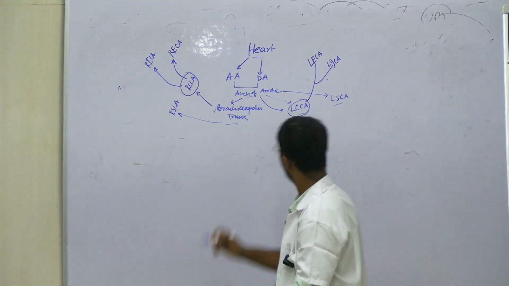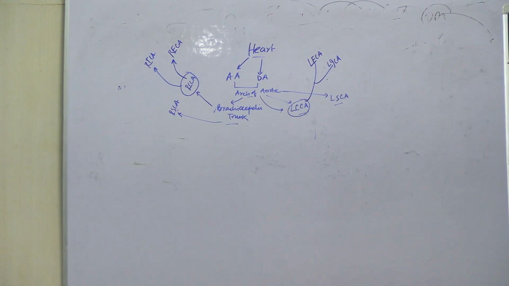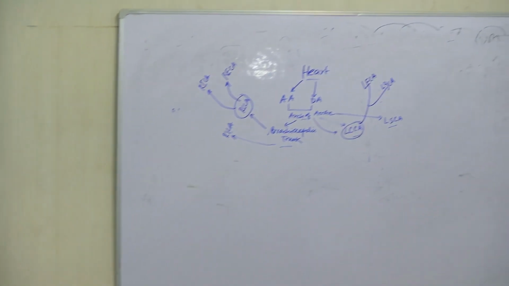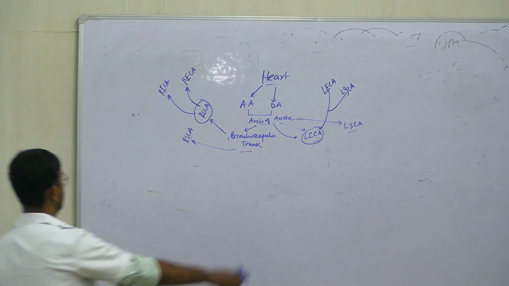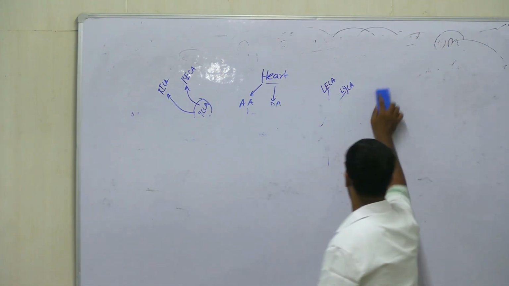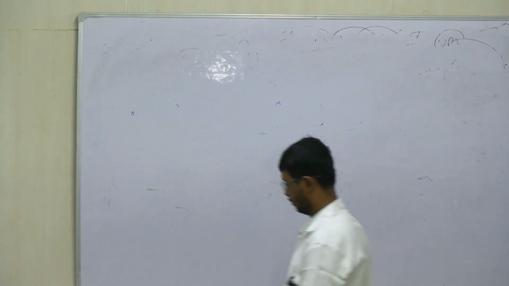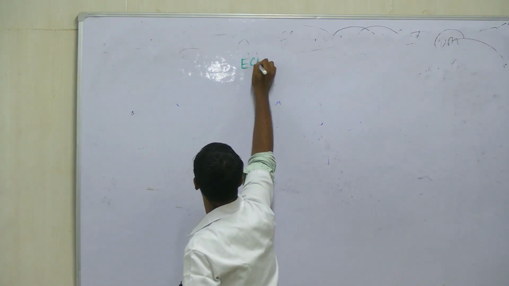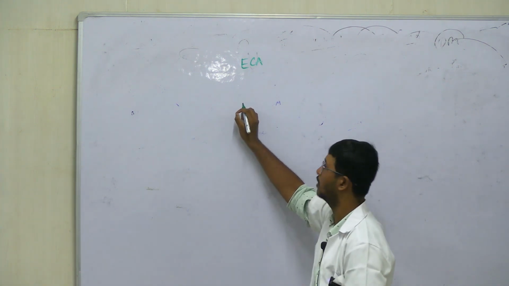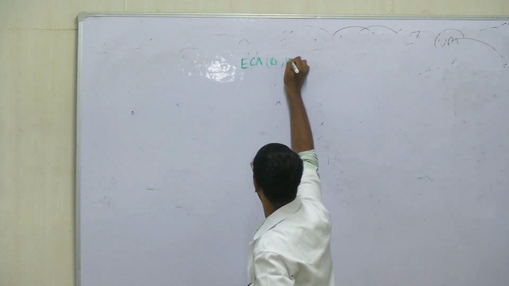This right and left external carotid artery will be giving 8 branches. Let us just write external carotid artery, considering both right as well as left.